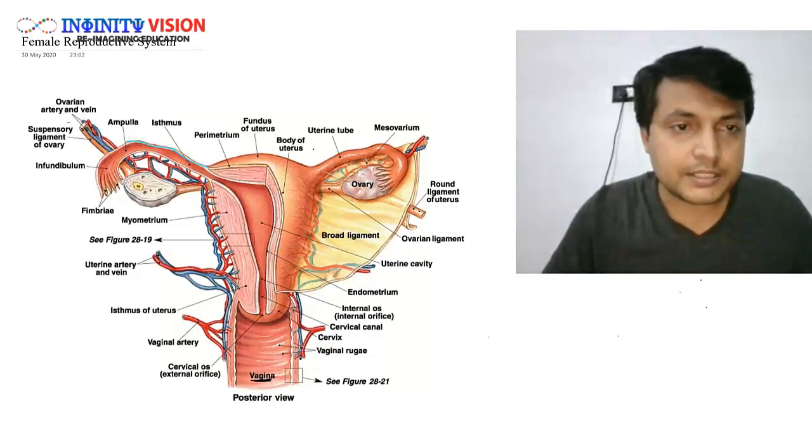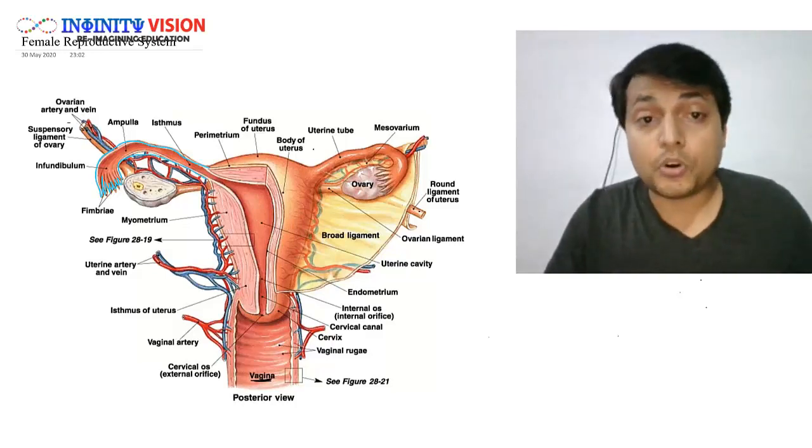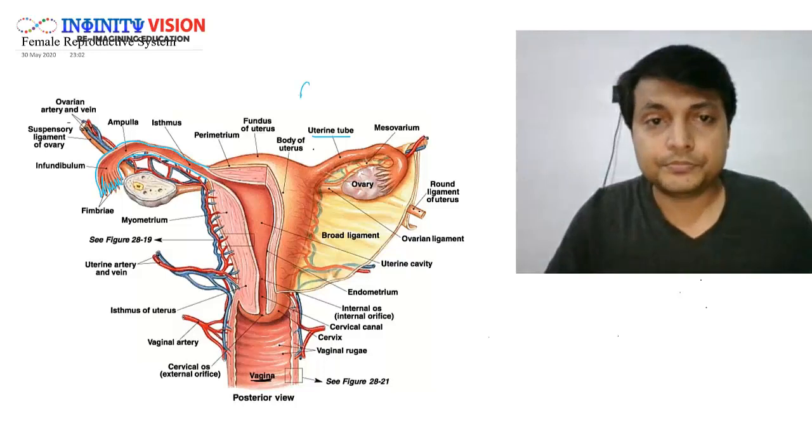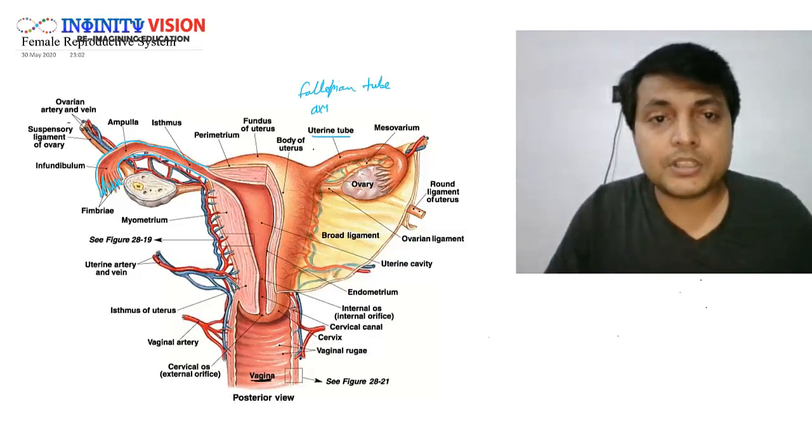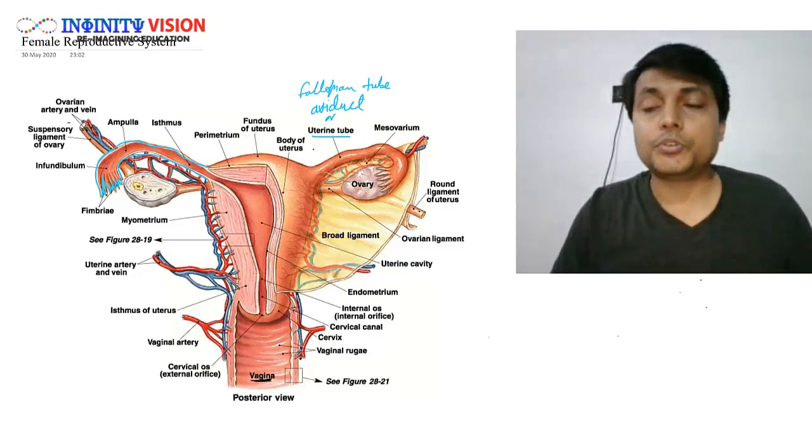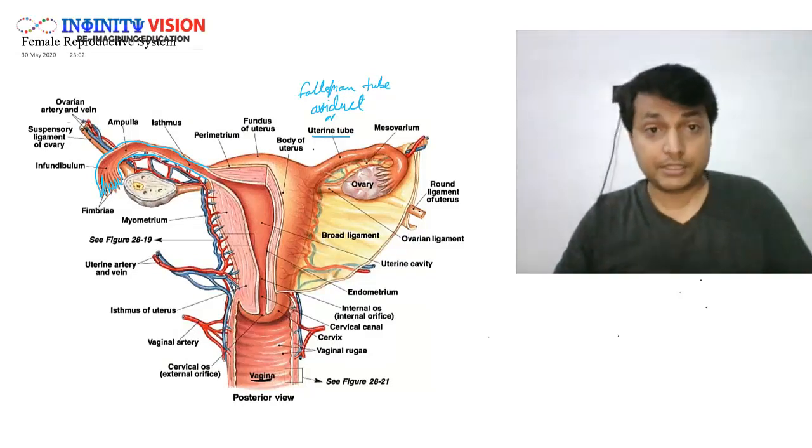So this is the oviduct or fallopian tube or uterine tube. All are the same thing. Fallopian tube, oviduct or uterine tube, these are all the same thing.